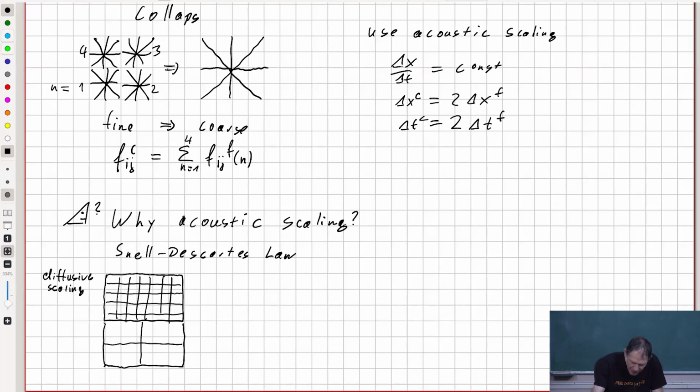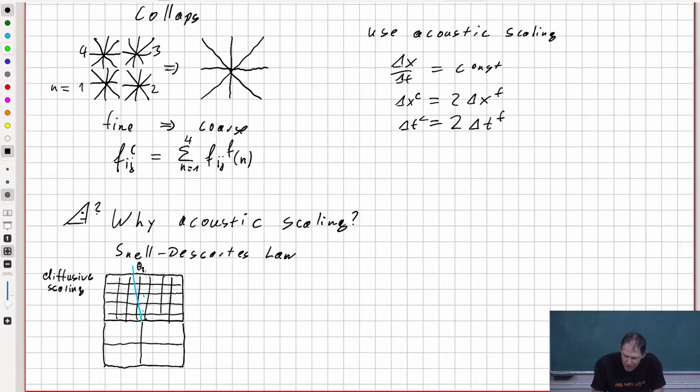Now let's say there is a wave coming, and the wave has a wave vector, and this wave does not come completely normal, but this wave comes with an angle here, right? So that you could say that there is an angle, say theta 1.